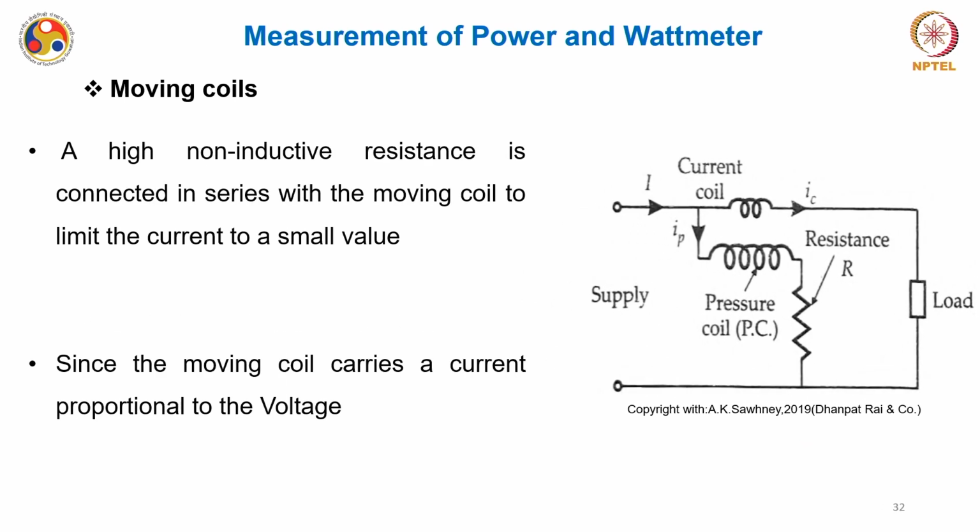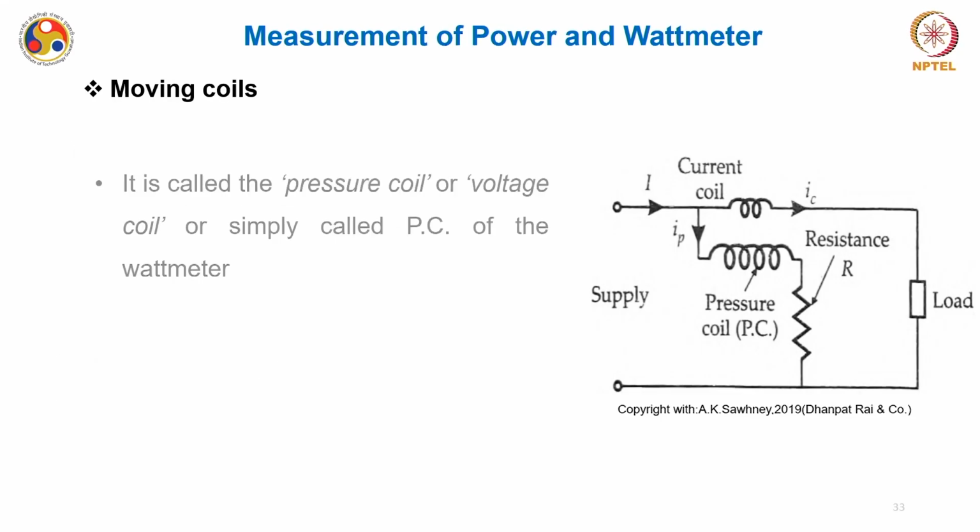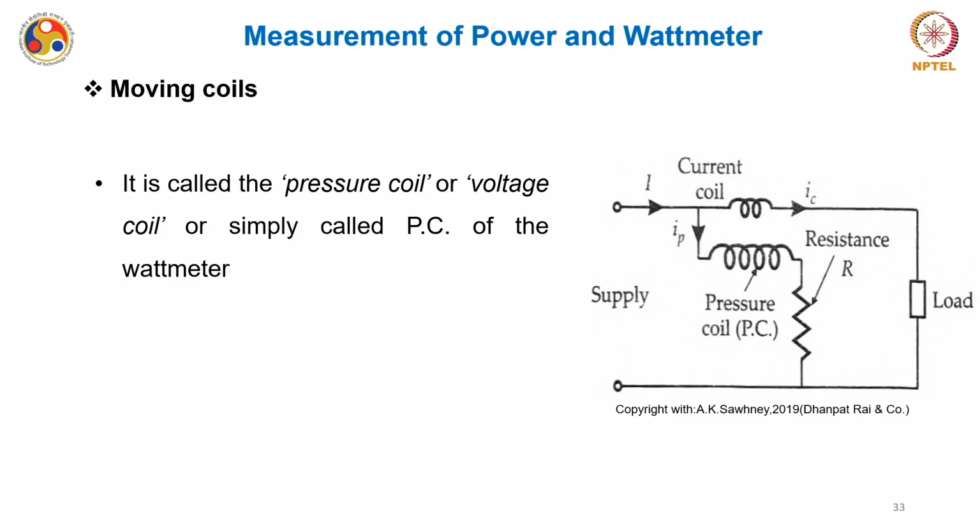A high non-inductive resistance is connected in series with the moving coil to limit the current to small values, typically in the range of say 100 milliamp or so. Since it takes care of potential, we call it the pressure coil, voltage coil, or sometimes potential coil, or simply the PC of the wattmeter.